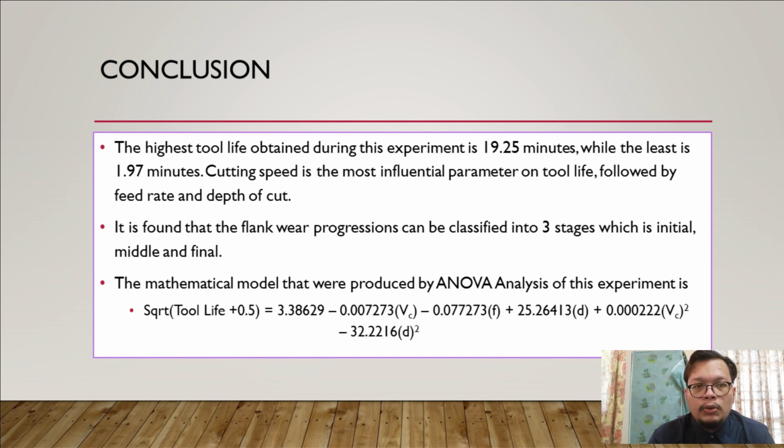Secondly, the flank wear progression can be classified into three stages: initial, middle, and final. And lastly, the mathematical model produced by the ANOVA analysis of this experiment was achieved using the RSM method, Box-Behnken.